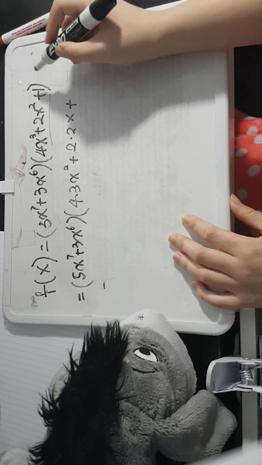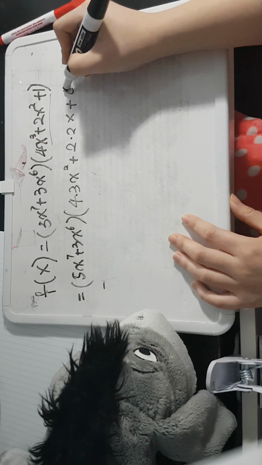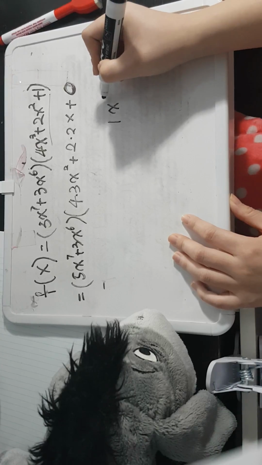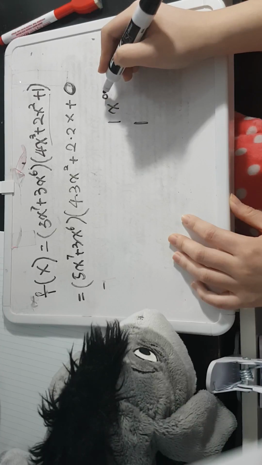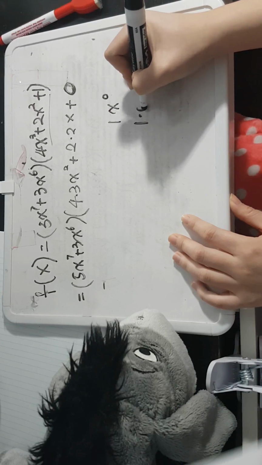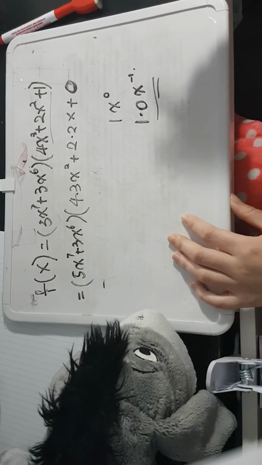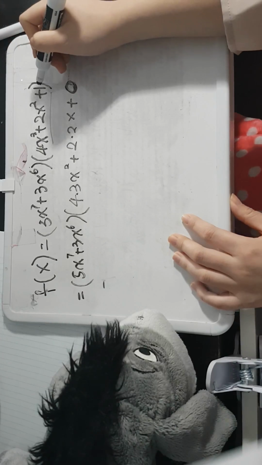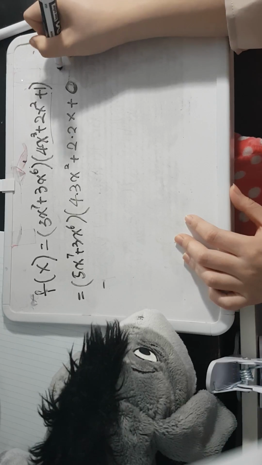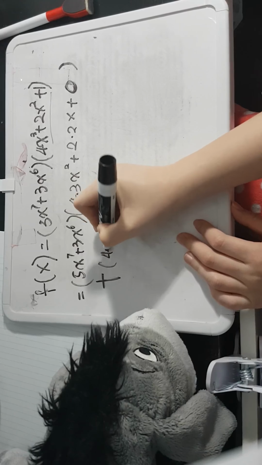This time we need to notice that 1 becomes 0, because 1 equals x to the power of 0, and according to the rule we put the power down and multiply by the coefficient, 0 times x, so that equals 0. Everything times 0 is 0. So we just write the derivative of 1 as 0, close the bracket, and plus the second function.